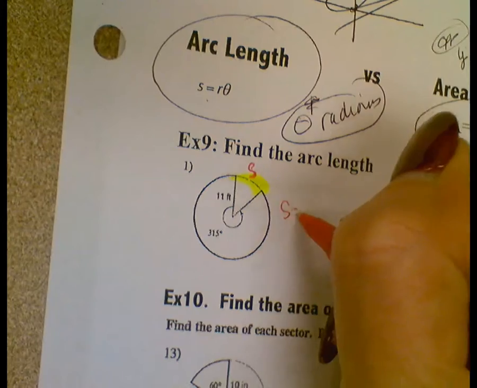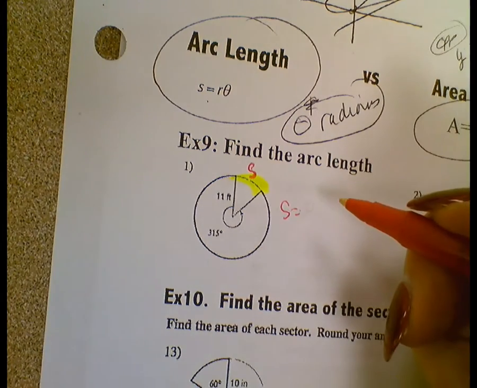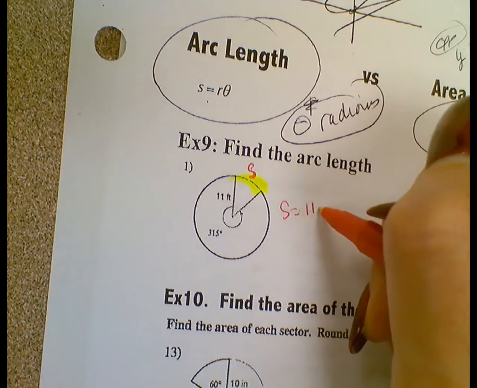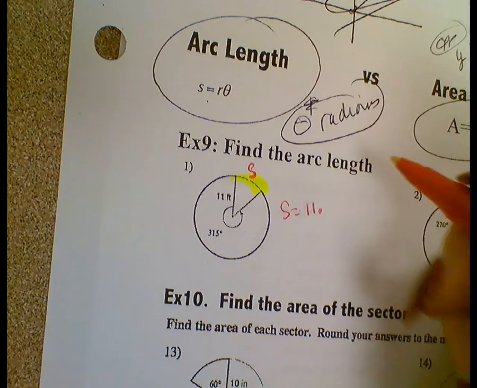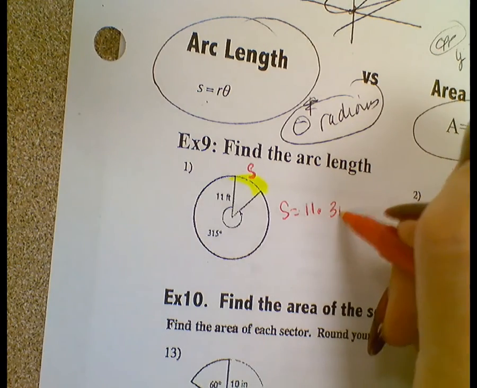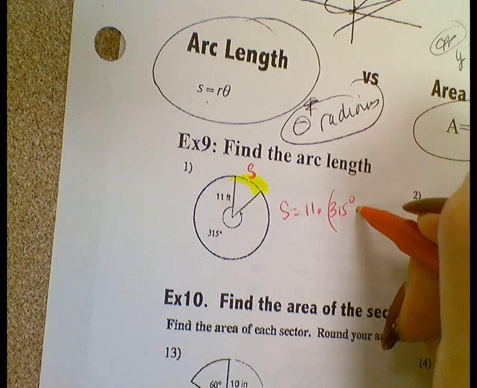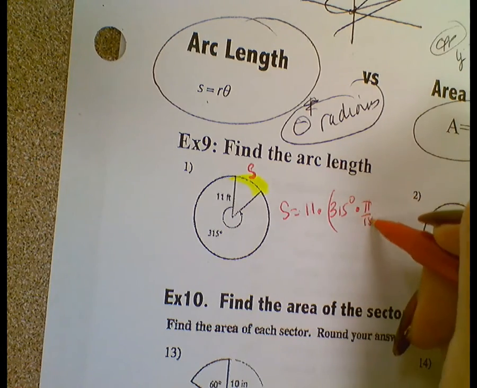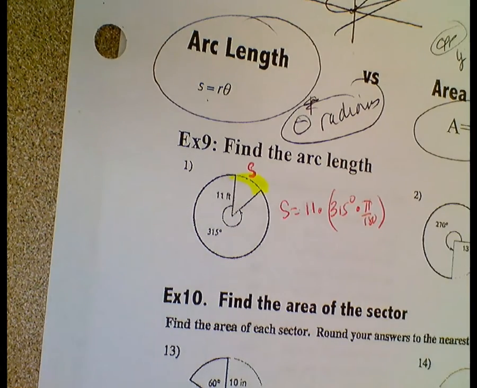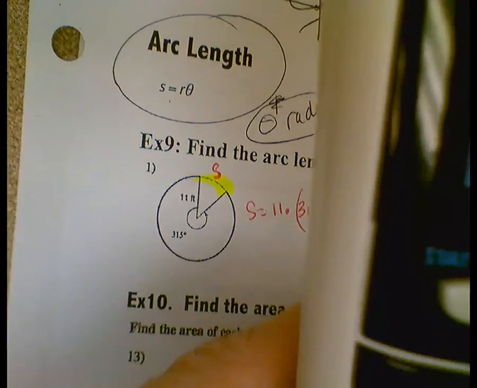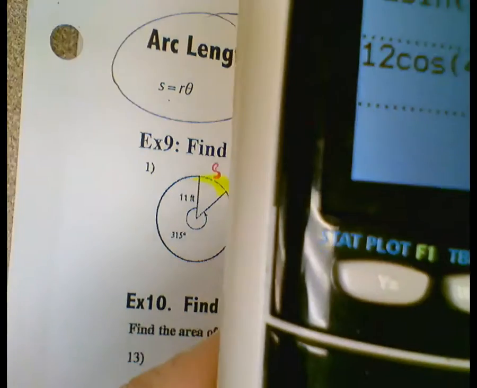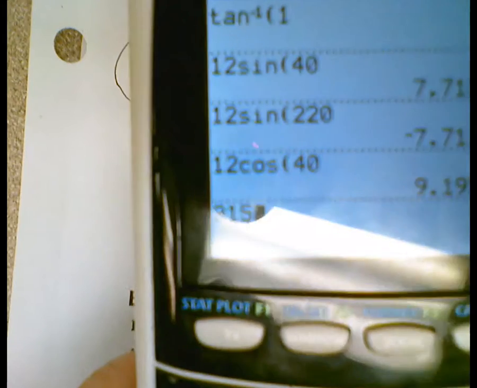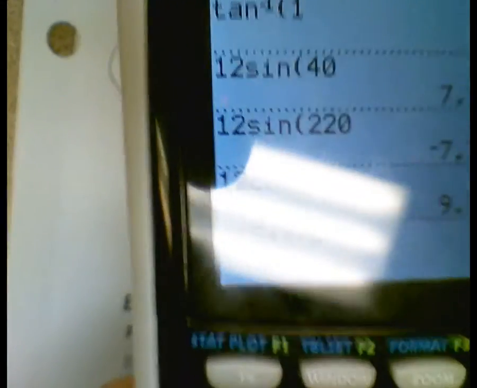I would say S equals radius, which is 11, times 315 degrees. But I have to change this to radians. So you can kind of do it right now, right in the middle of the problem. So I would do that part first. 315 times pi divided by 180.